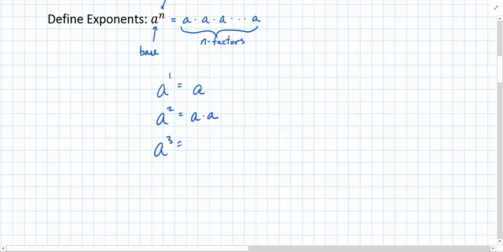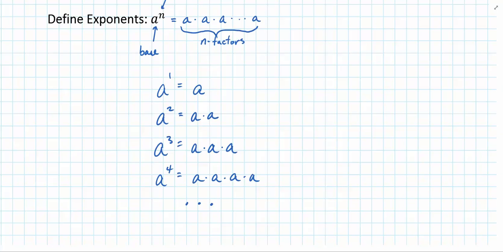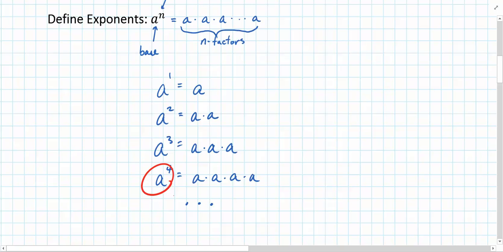A to the third power is a multiplied 3 times in a row, whereas a to the fourth power represents the product of a with 4 factors, and so on and so forth. This notation is simply a shorthand way to write this mathematical calculation.